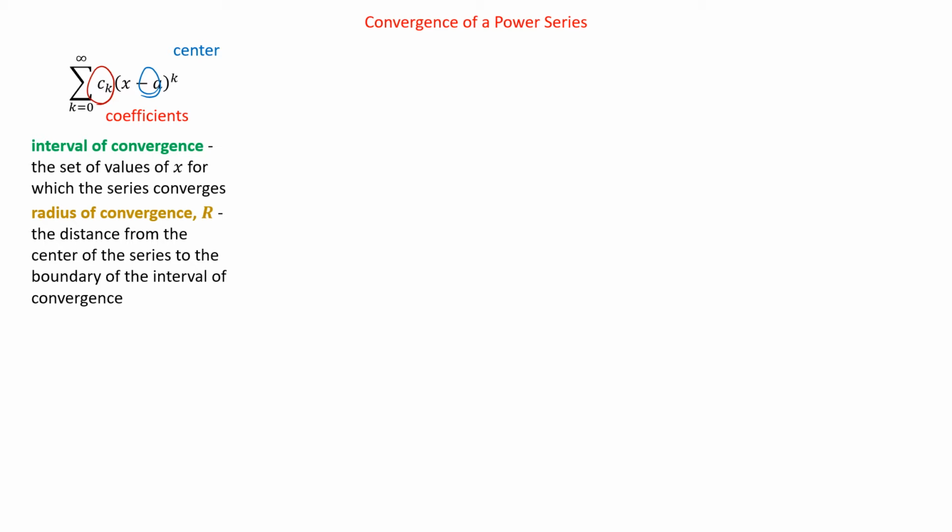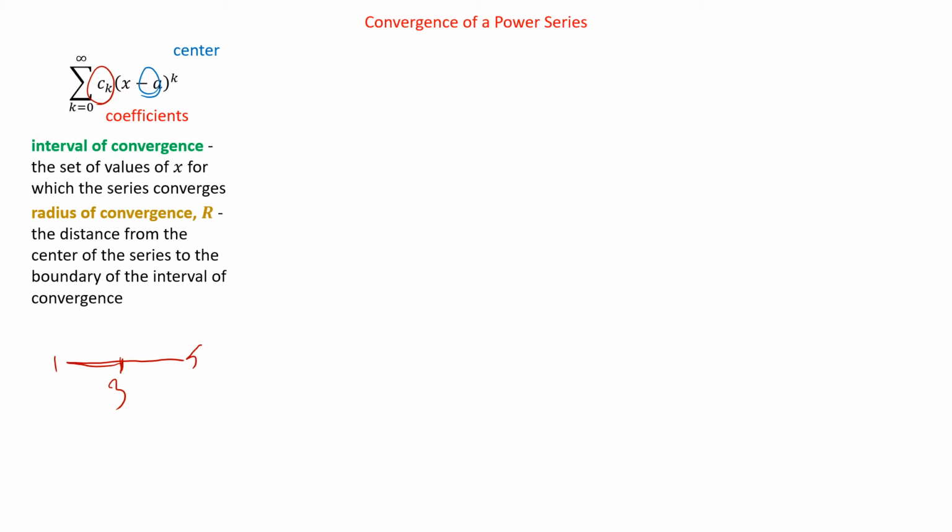So for example, let's say we had a function that was centered at 3. And using what we're going to be doing, we found that this is going to converge anywhere from 1 to 5.